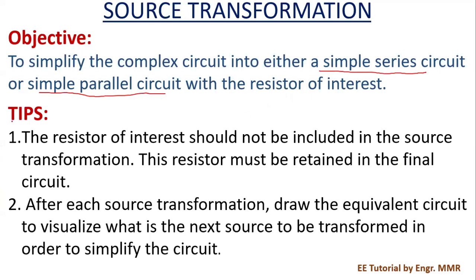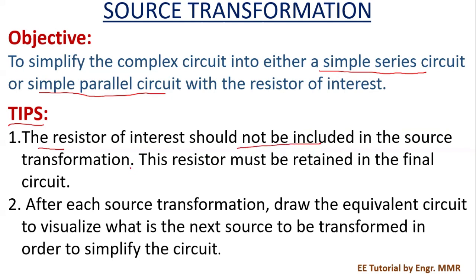Here are the tips to conduct source transformation to solve for the unknown. First, we have to take note that the resistor of interest should not be included in the source transformation.